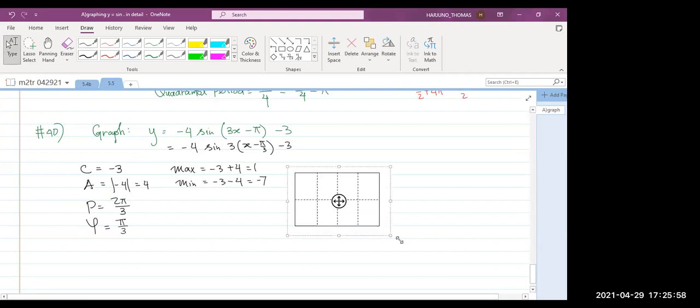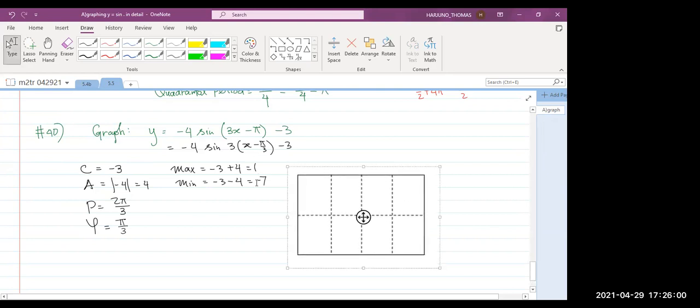Now the graph. The center is -3. Maximum is 1, minimum -7. Phase shift pi over 3. The period is 2 pi over 3. So pi over 3 plus 2 pi over 3, this is pi. Okay, so I do midpoint, pi over 3 plus pi, that's 4 pi over 3 divided by 2, 2 pi over 3.